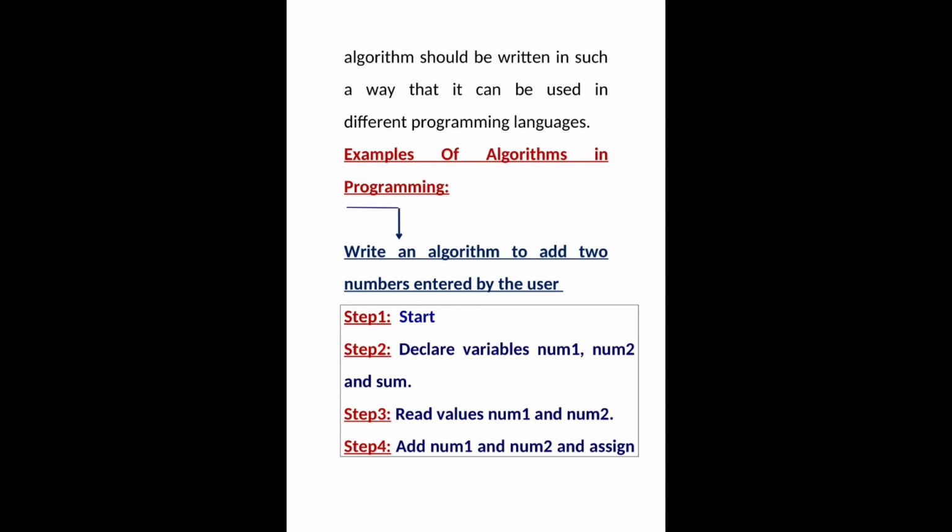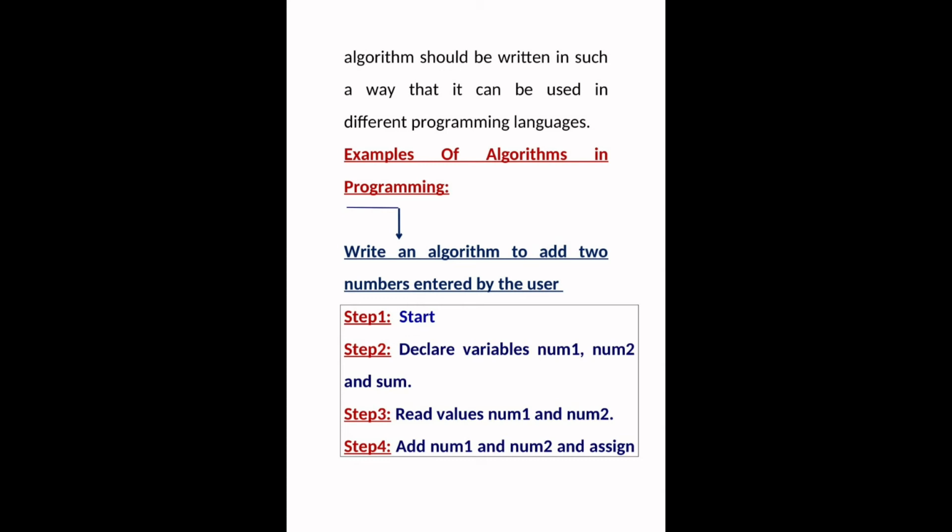We give some values to number 1 and number 2, and after that, sum. Step 3, read values number 1 and number 2. Step 4, add number 1 and number 2.